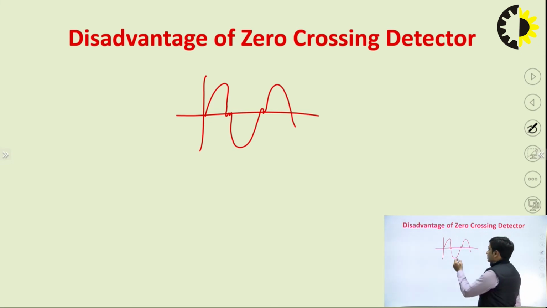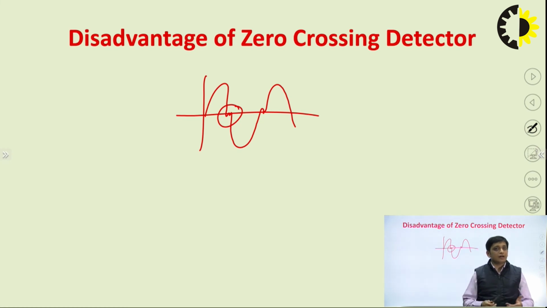You can see that here, where I have circled, there are multiple crossings, and due to these multiple crossings, there will be multiple switchings at the output also. Multiple switching means plus Vsat to minus Vsat, minus Vsat to plus Vsat, but those switchings are false.